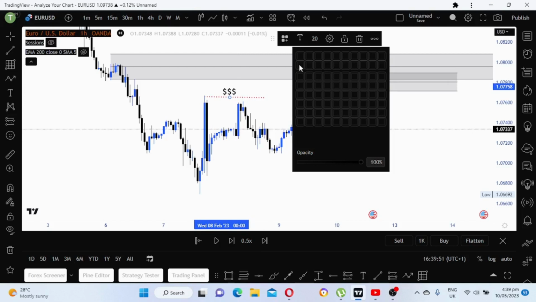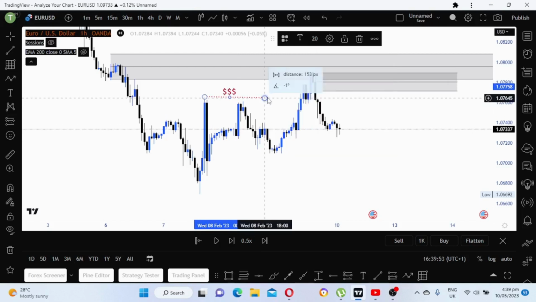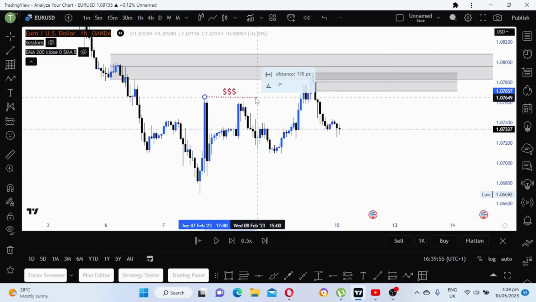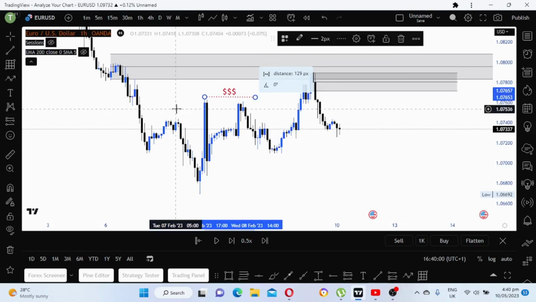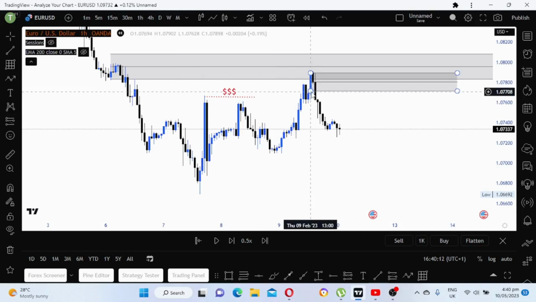There are orders sitting there, stop losses and sell or buy limits resting there, waiting to be taken by the big banks, by the price, and then the price goes in your direction. So we draw our supply zone, which is here.